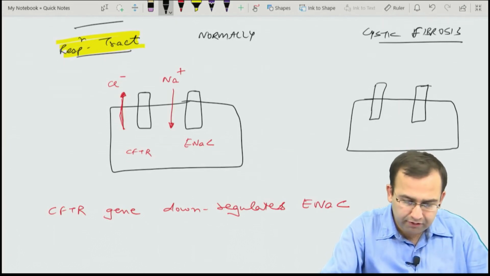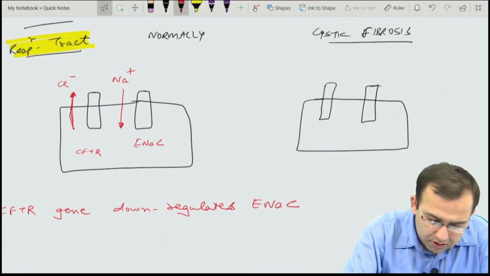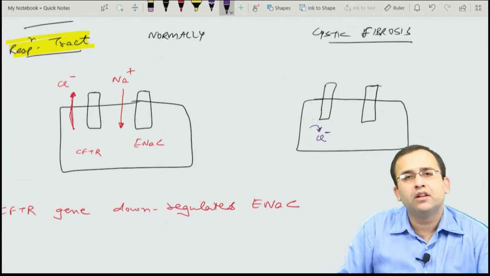In cystic fibrosis, the activity of CFTR protein is reduced, as a result of which the secretion of chloride reduces. So more chloride is present in the cell.